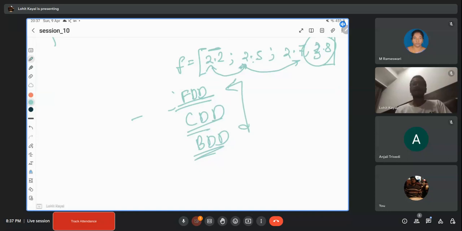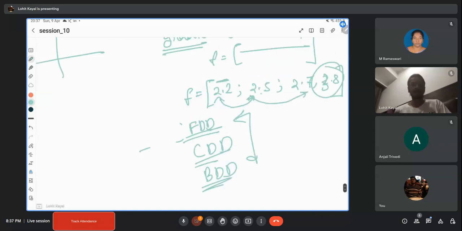Suppose you have a data set, and you want to find the value at some point xi. It will always be better if you take xi plus h, xi plus 2h, and xi minus h, xi minus 2h.